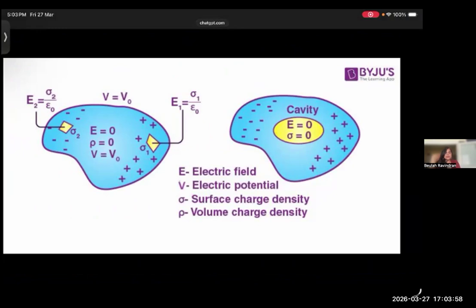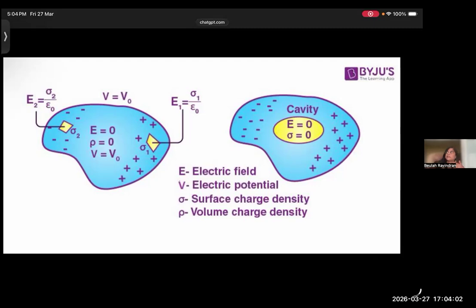Sigma is also 0. If you draw a cavity, then sigma is also 0. Sigma means surface charge density, so it is 0. Got it? Sigma is 0, rho is also 0, then you can say the electric field is 0 inside the conductor.